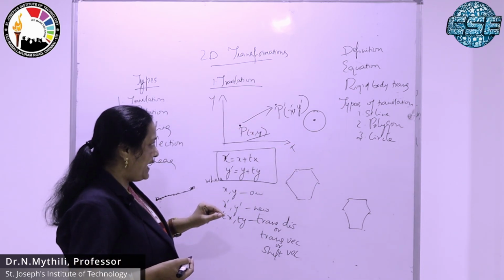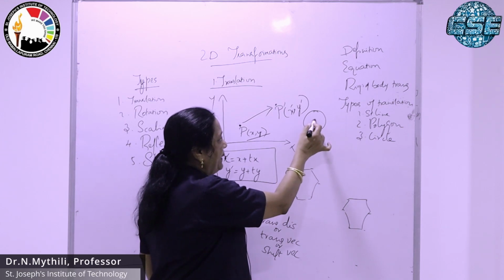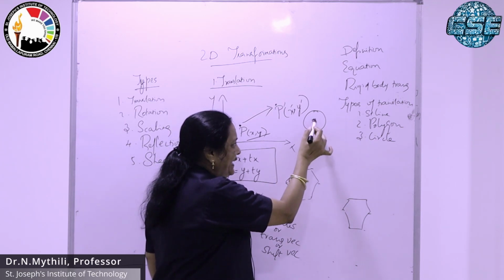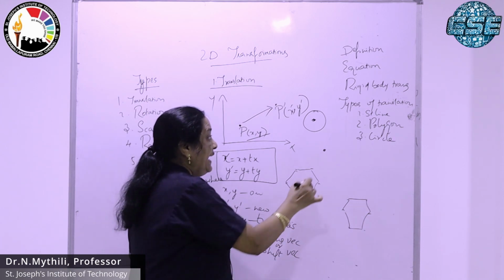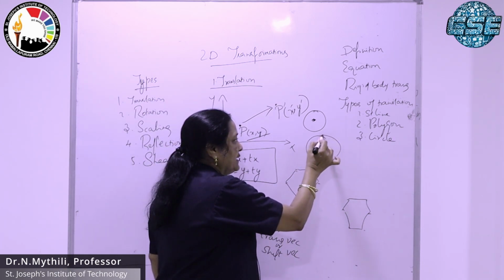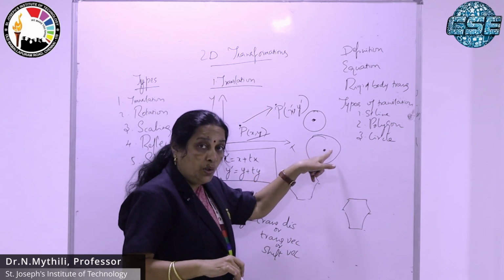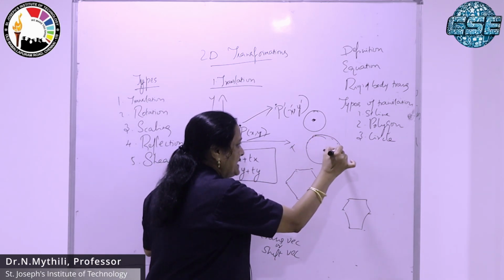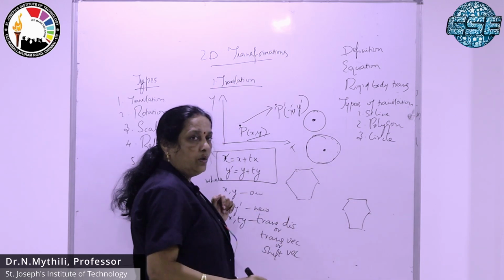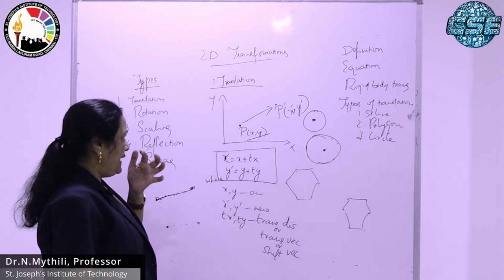In the same way, we can apply the translation equation only to the center coordinate, and we will have the new center coordinate, and we can draw the circle using the circle drawing algorithm with the new center coordinate. There is no need to plot the pixels over the whole circle. So these are the types of translation.